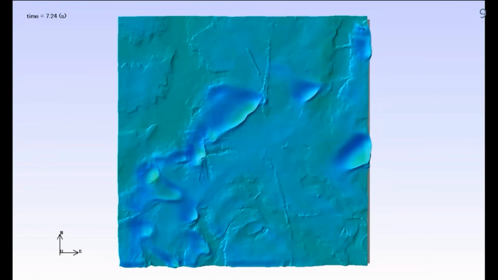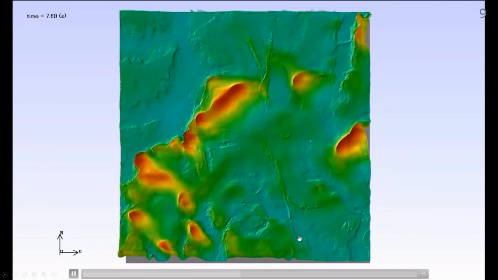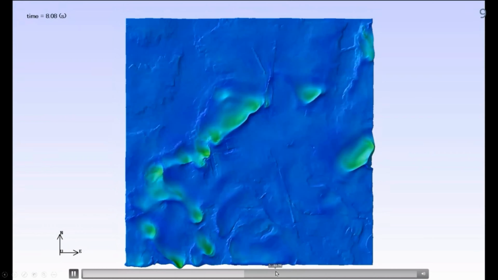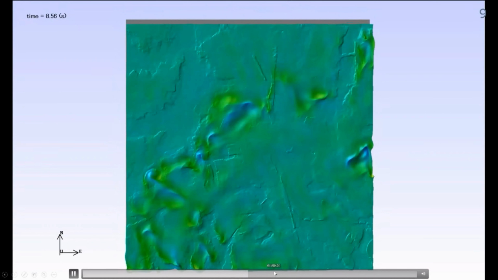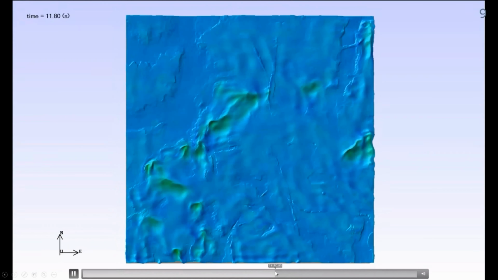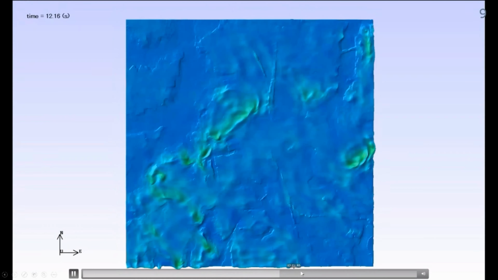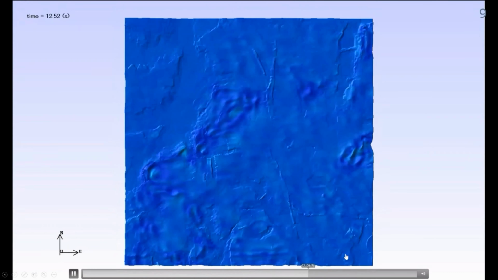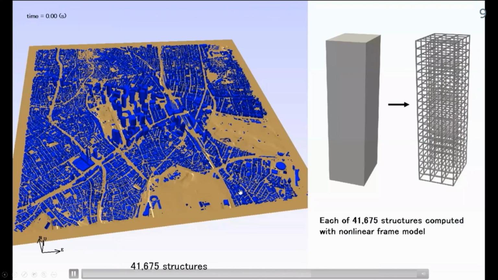This is the response of the 3D soil structures. Using this ground motion, we simulate the response of the buildings here.